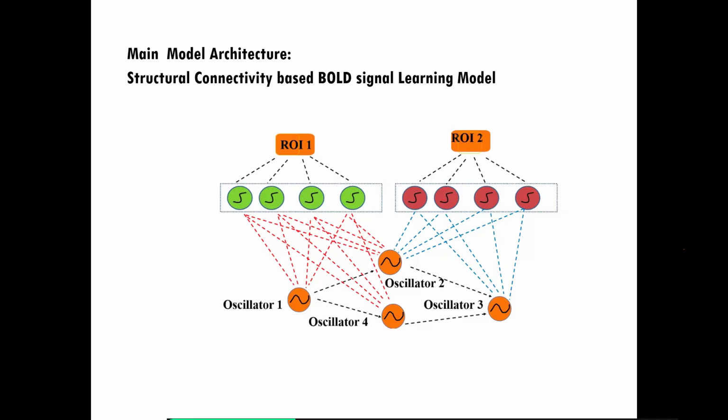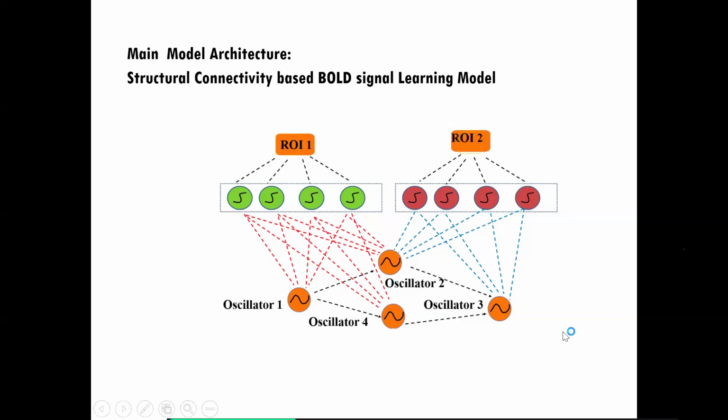There is a technology called diffusion tensor imaging, DTI, which will tell you which parts of the brain are connected to which other parts. Specifically, if you divide the brain into a couple of hundred ROIs, this technology will tell you the fiber density which connects a given ROI with another ROI. In the model also we use that information.